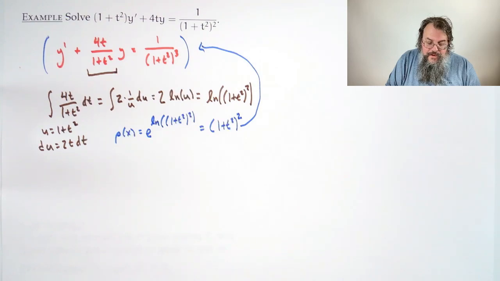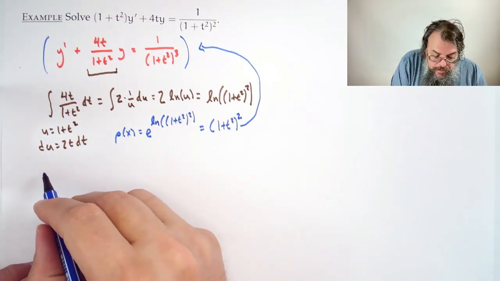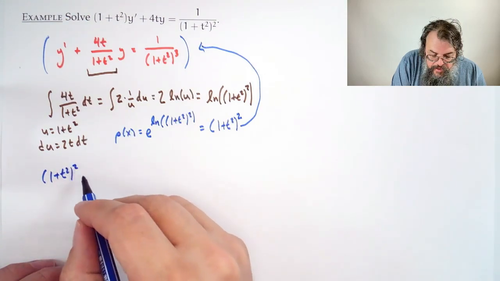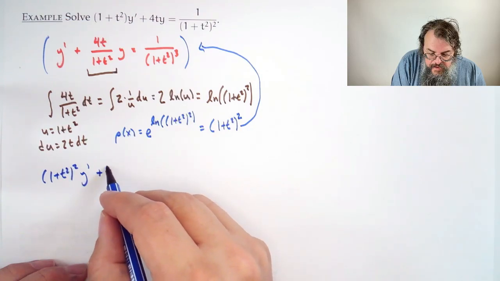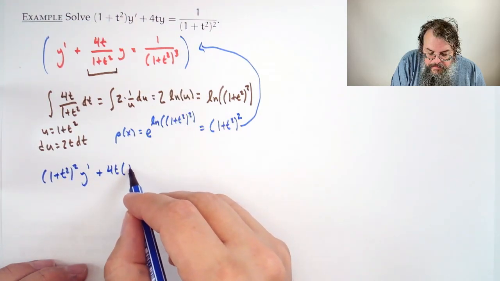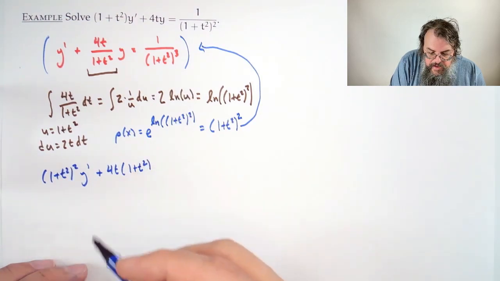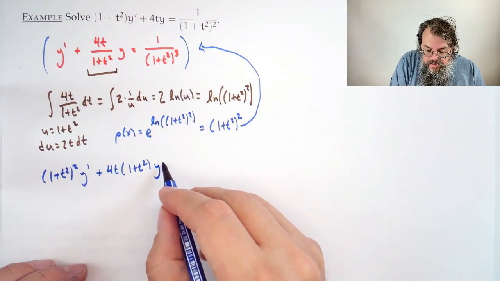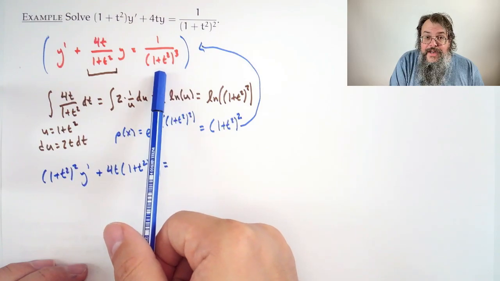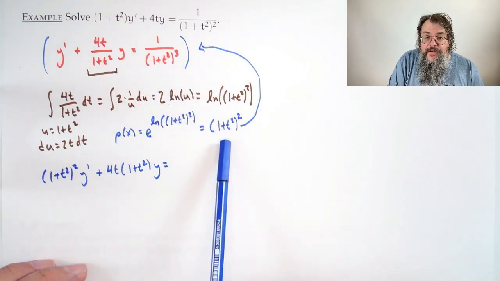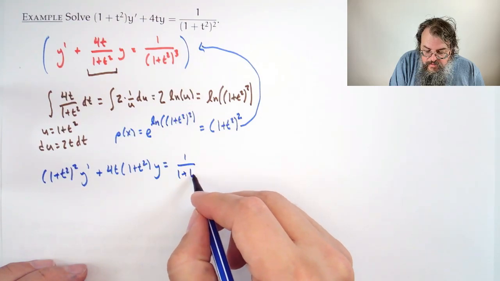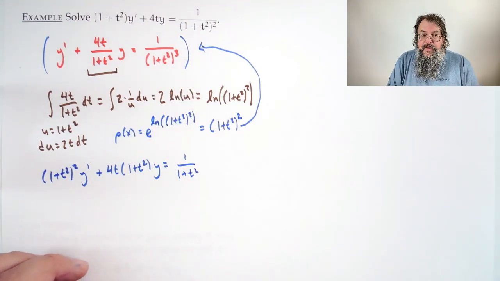Okay, so updating our equation now, we have 1 plus t squared squared y prime plus 4t times 1 plus t squared, because we cancel one of them down here, times y is equal to, on the other side, well, there's 3 downstairs, there's 2 upstairs now, so that's 1 over 1 plus t squared.